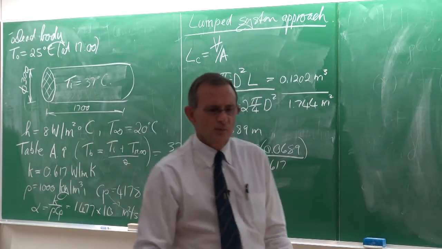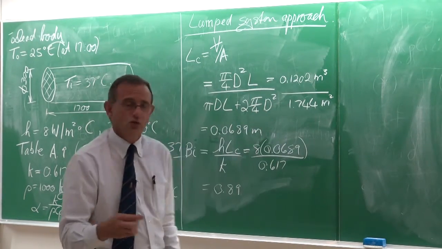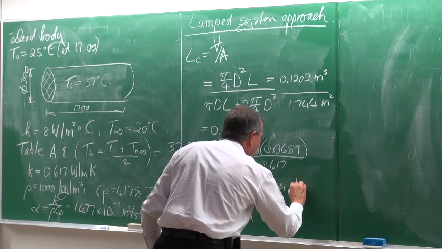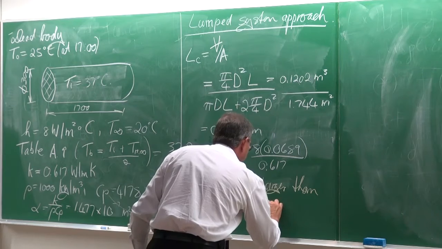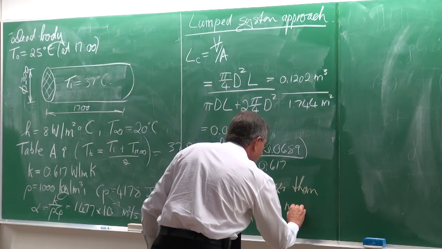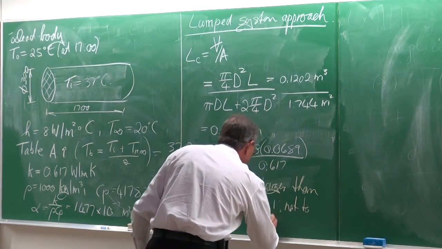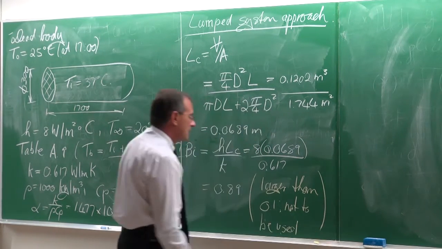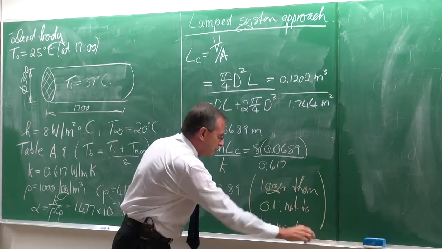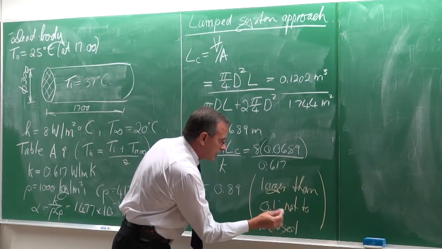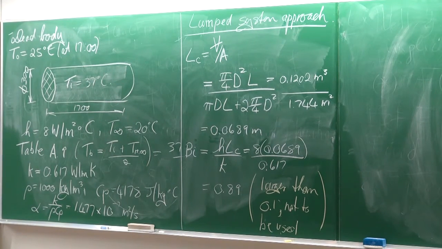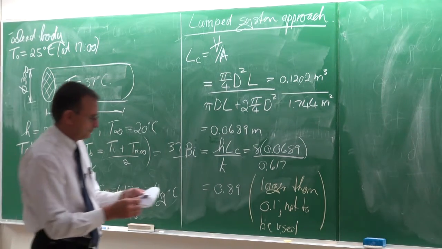So the Biot number is larger than 0.1, and therefore not to be used. The lump system approach shouldn't be used in this case. But let's use it in any case, just to check what is going to happen.